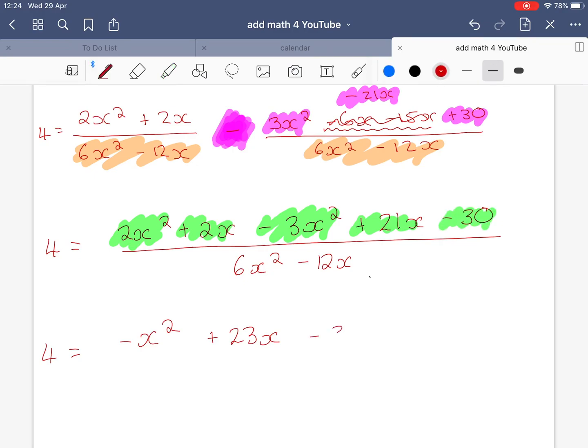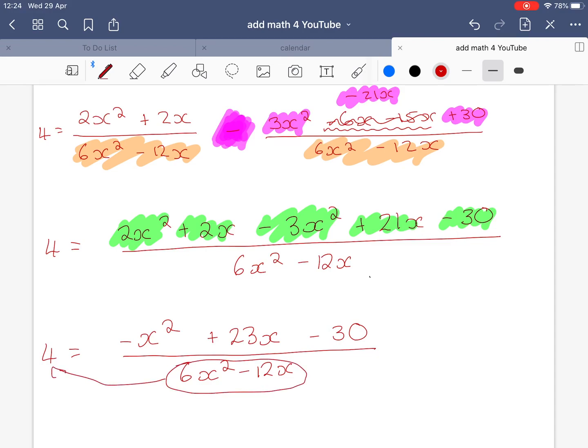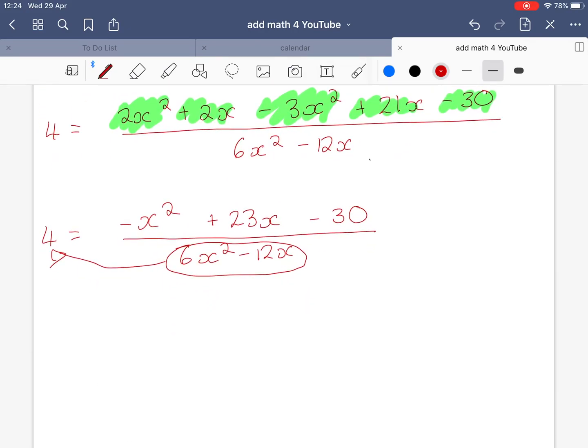And then we have minus 30, so I've got minus 30. And it's still over 6x squared minus 12x. At this stage now, you can bring your denominators over. So you want to bring this 6x squared minus 12x over to the 4. So let me just move down a little.